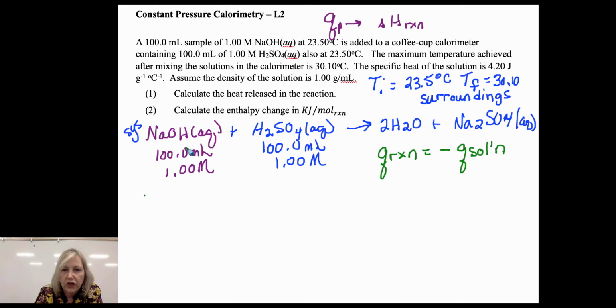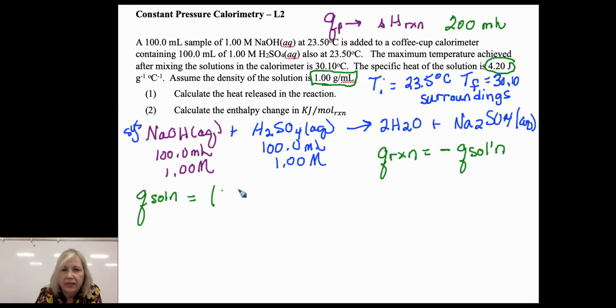So let's first take a look. The other information that is given is the specific heat of the solution, and it says to assume the density of the solution is 1 gram per milliliter. So Q of my solution is going to be the mass of my solution. I added 100 milliliters and 100 milliliters, so I have 200 milliliters.